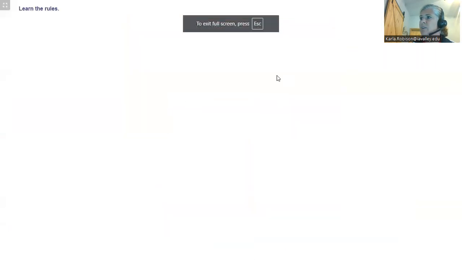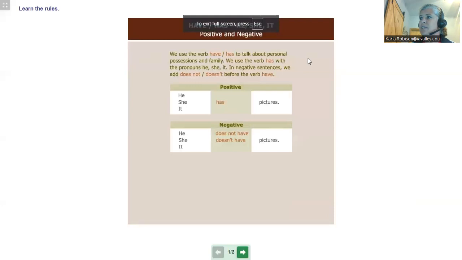So in the beginner, we're on lesson 14, and it is for have or has. Okay, so when you're using your pronouns he, she, or it, and you're just talking about something that you own or somebody in your family, you're going to use the verb has.